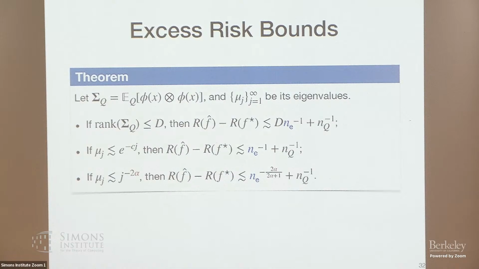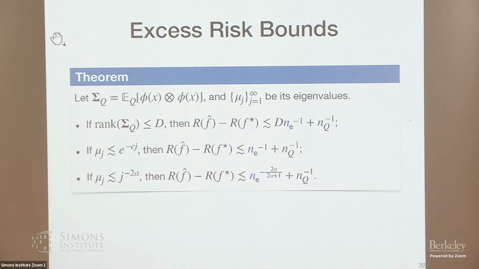So more concretely, here's the excess risk bound. I'm interested in the target distribution, and this is the feature covariance matrix under the target distribution. And as in any study of kernel ridge regression, the spectrum of the target covariance matters a lot. So these are the eigenvalues.